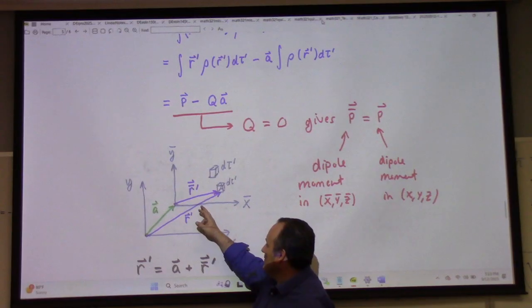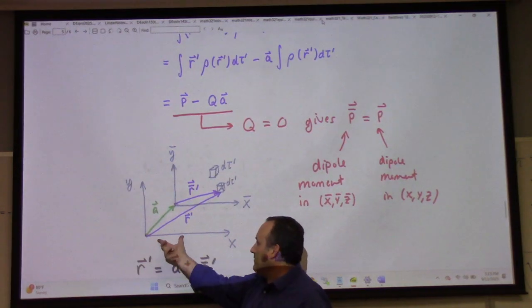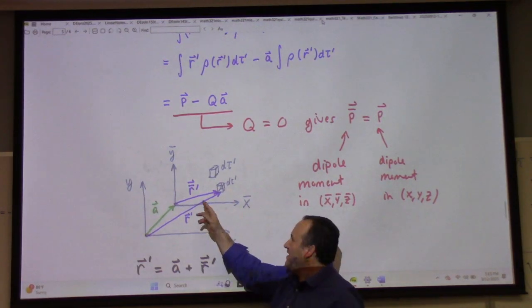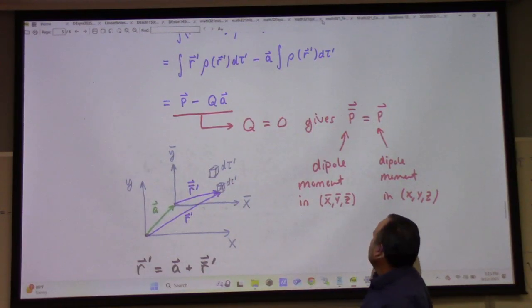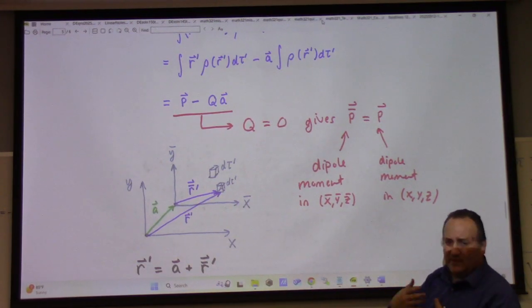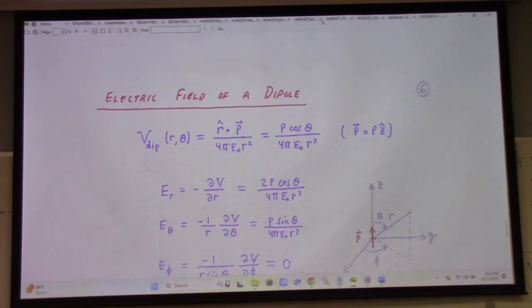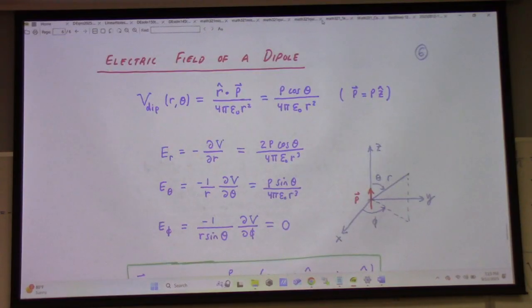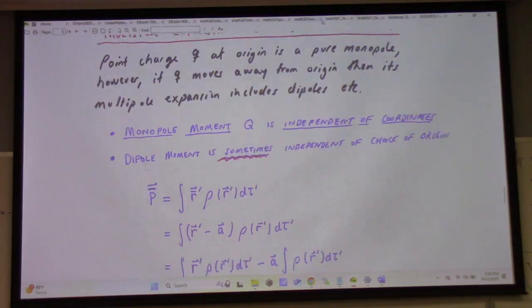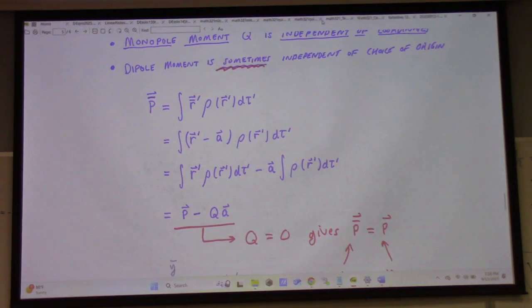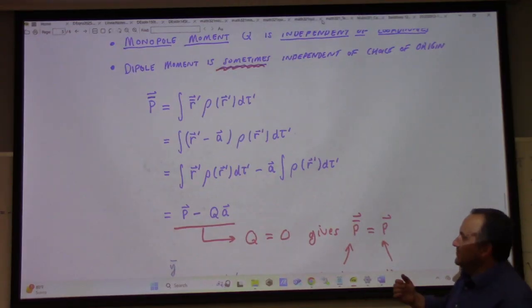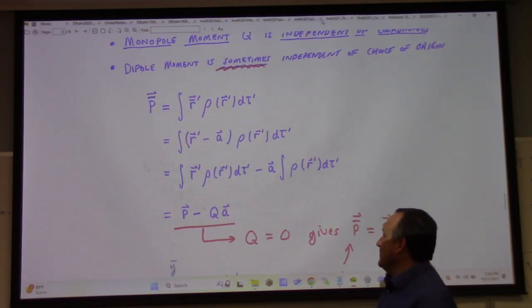With respect to the barred and the unbarred coordinate systems, we can do the integration to calculate the dipole moment, right? I'm sorry, I meant to white that out. But if you go up and look at the calculation, if you look at the dipole moment in the barred system, in other words p bar vector, we integrate over r bar vector prime.